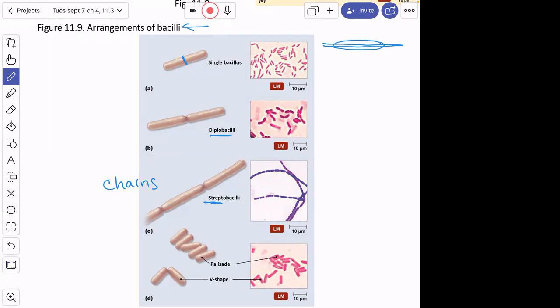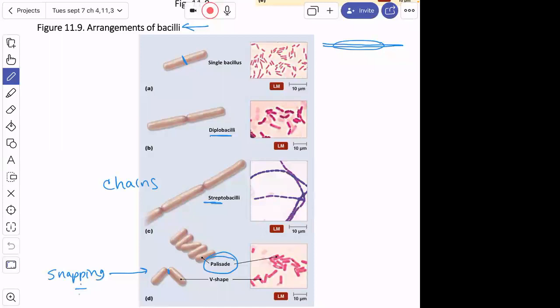The other thing that you see a little bit less commonly, or that is a little bit harder to recognize when it does happen, are palisades. It almost looks like they're dividing lengthwise and then just staying stuck together, but that's not what's happening here. Some bacilli, when they divide, will stay attached at just one little spot, so they'll kind of hinge around. We call that snapping division.